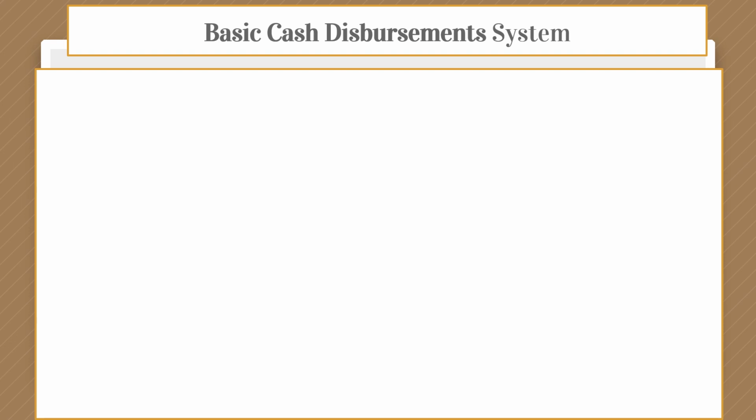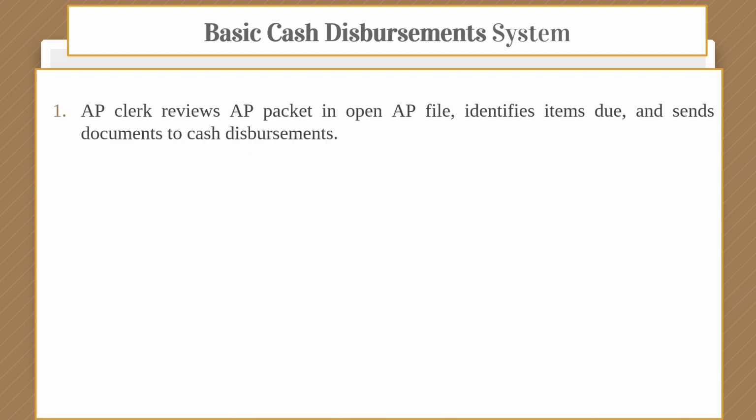So for the basic cash disbursement system process, we start with the accounts payable clerk reviewing the accounts payable backed open account file, then identifying the items due and sending the documents to cash disbursement to process the payment to the supplier.